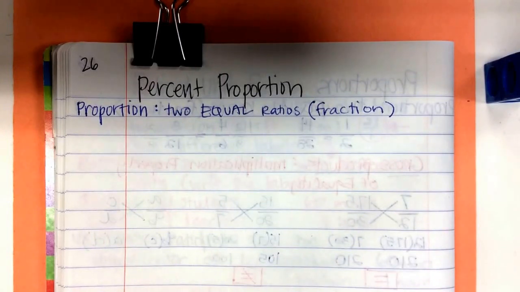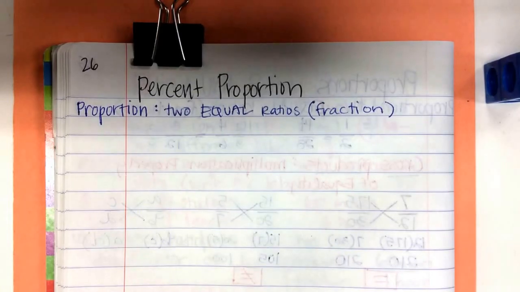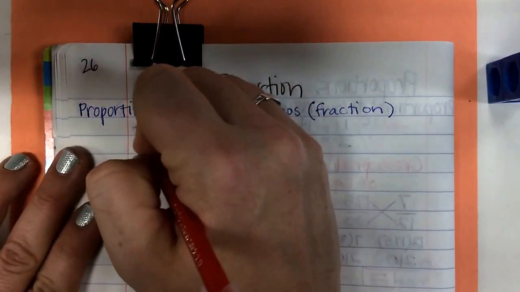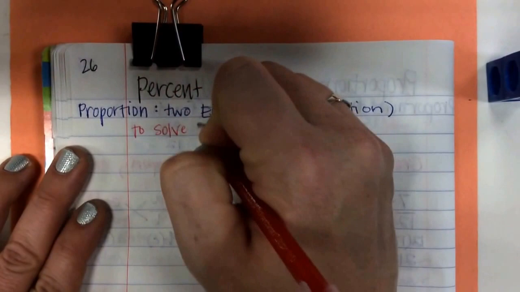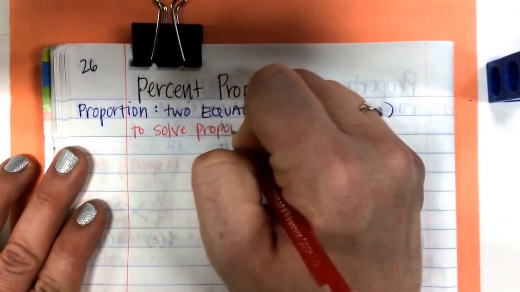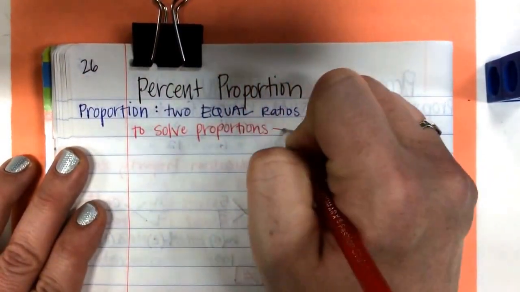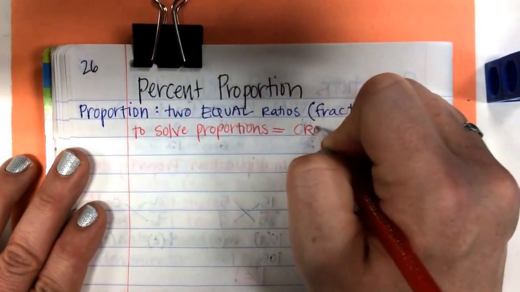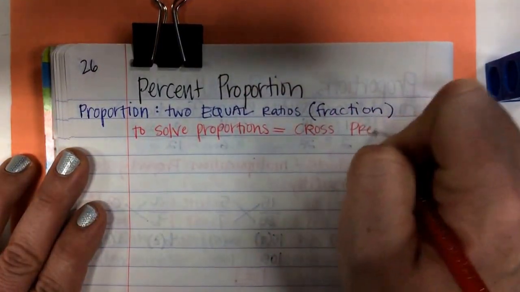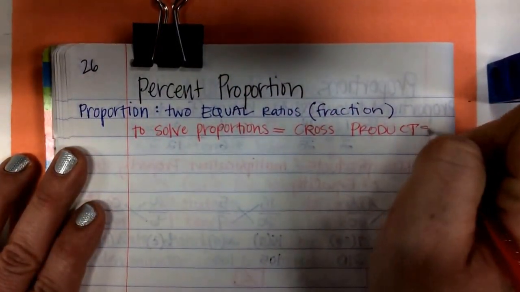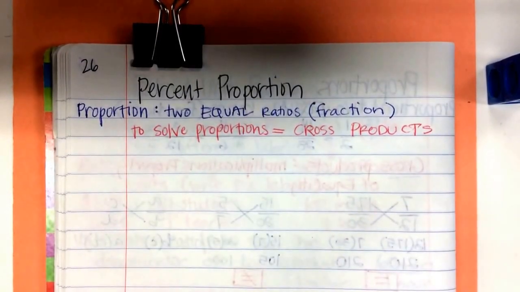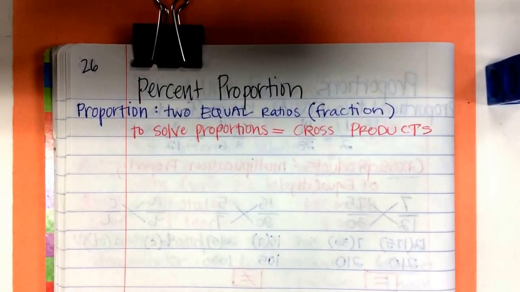When we solved proportions on Friday, the last time we were in class, we used cross products, meaning we multiply the diagonals.